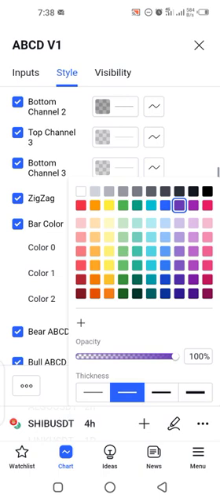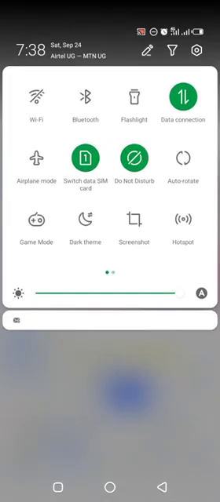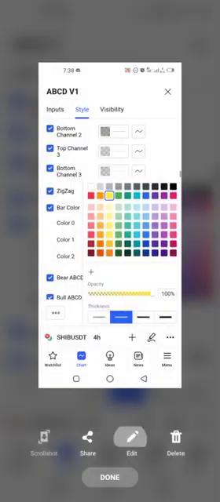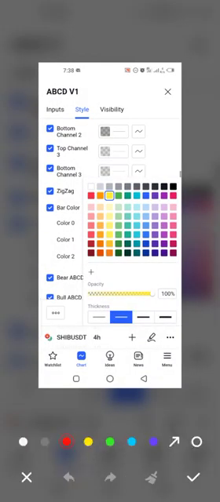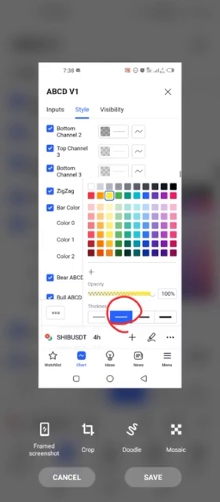Someone can choose green. Someone can choose light blue. It's up to you. Another one can choose orange. And make sure the opacity is 100. Then the thickness, you can choose the next box. You just tap on the next box and you are good to go.